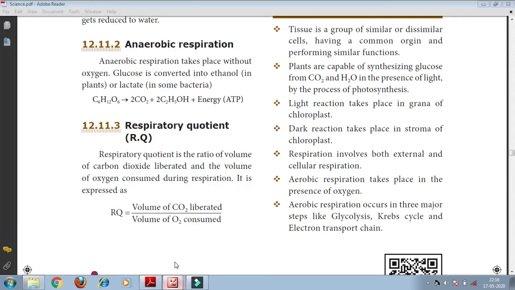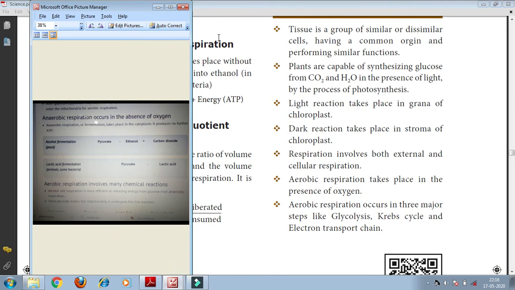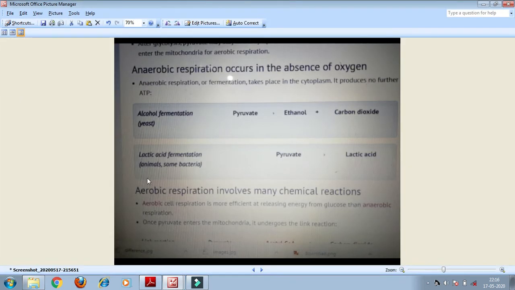In alcohol fermentation, pyruvate is converted into ethanol plus carbon dioxide in yeast. In animal cells or some bacteria, pyruvate is converted into lactic acid. This takes place in the cytoplasm, and there is no further ATP.